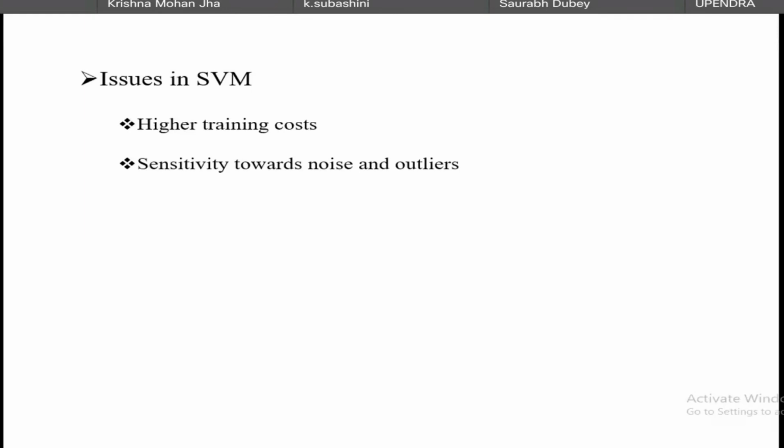Another thing is the sensitivity towards noise and outliers. This SVM is not able to handle some kind of noise or outliers, so you have to deal with those things separately. These are the issues with the SVM.